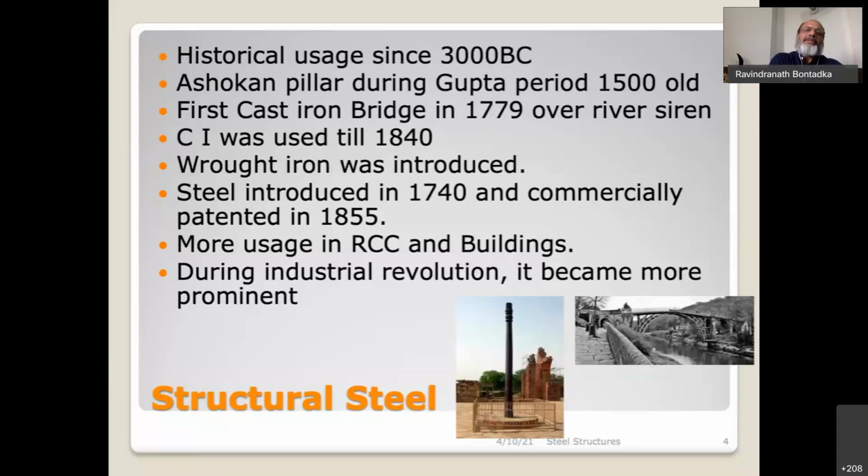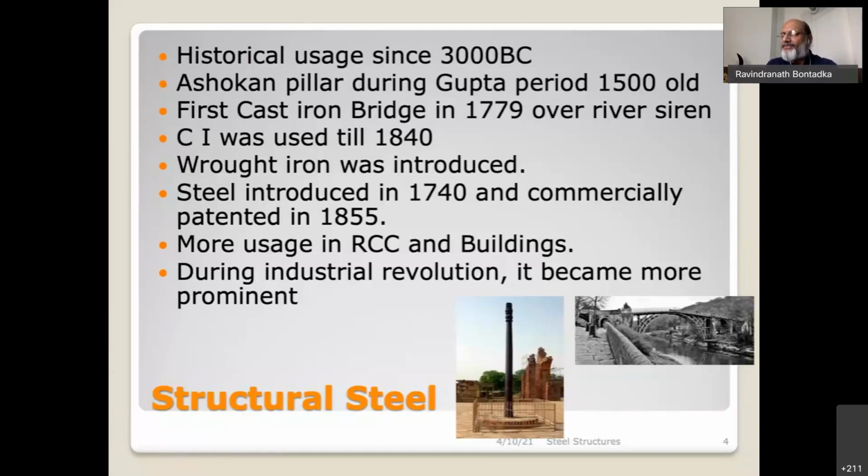Then with the change in carbon content, wrought iron was introduced, but there was a little problem with that. Then some more research went into using steel, which was introduced in 1740 and commercially patented in 1855.